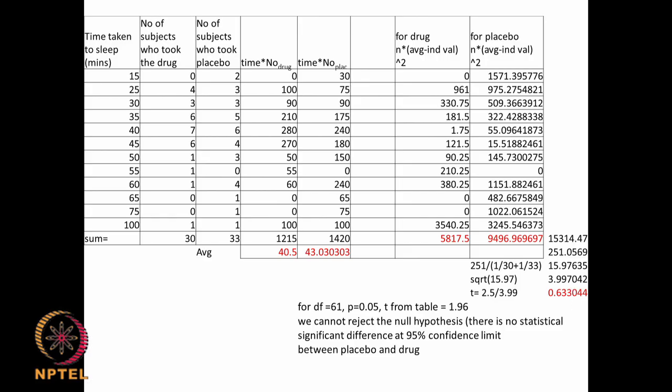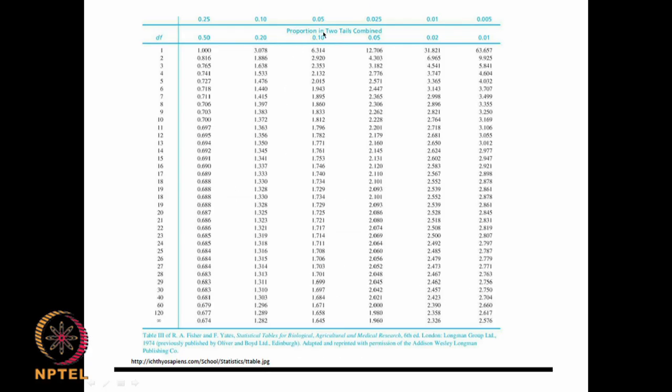So that is your calculated T, and the table T I have written as 1.96, but actually if I take 95 percent, that is P as 0.05, and I take a one tail test, I should be reading 1.645, not 1.96.